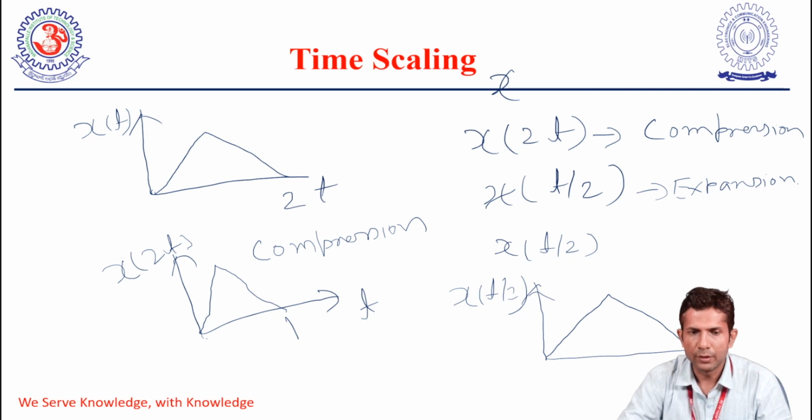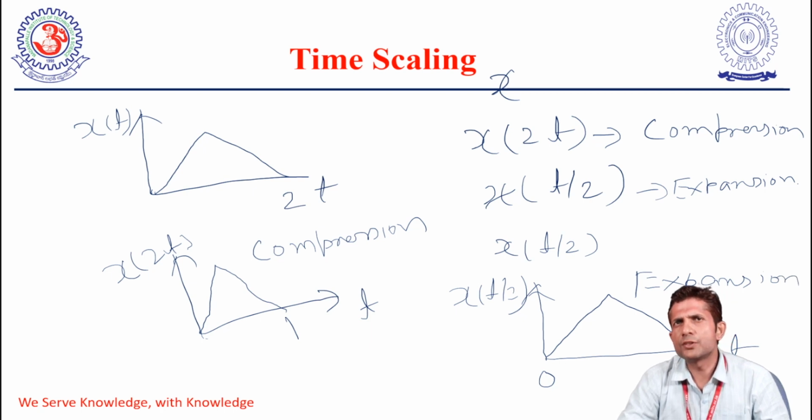Now it will be 4. Here we can see that the original signal has been expanded. So this type of operation is called expansion. So we have studied that time scaling can be done in two ways, either compression or expansion.